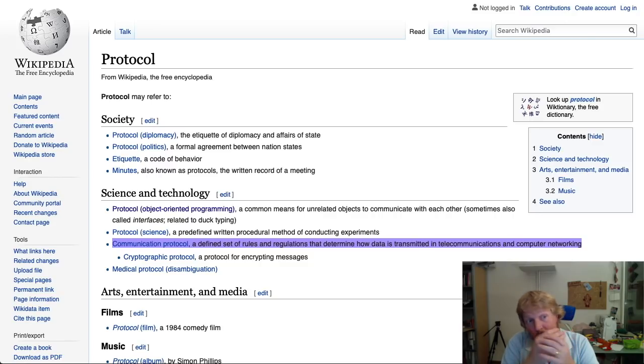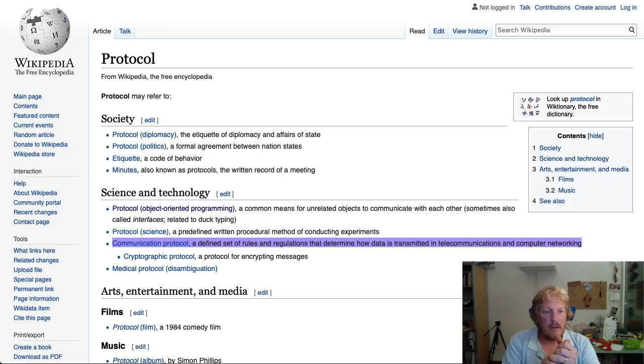If we Google protocol, this page comes up on Wikipedia, where it says it can be a communication protocol, a defined set of rules and regulations that determine how data is transmitted in telecommunications and computer networking. Okay, so that's basically what ILP is, a communication protocol.